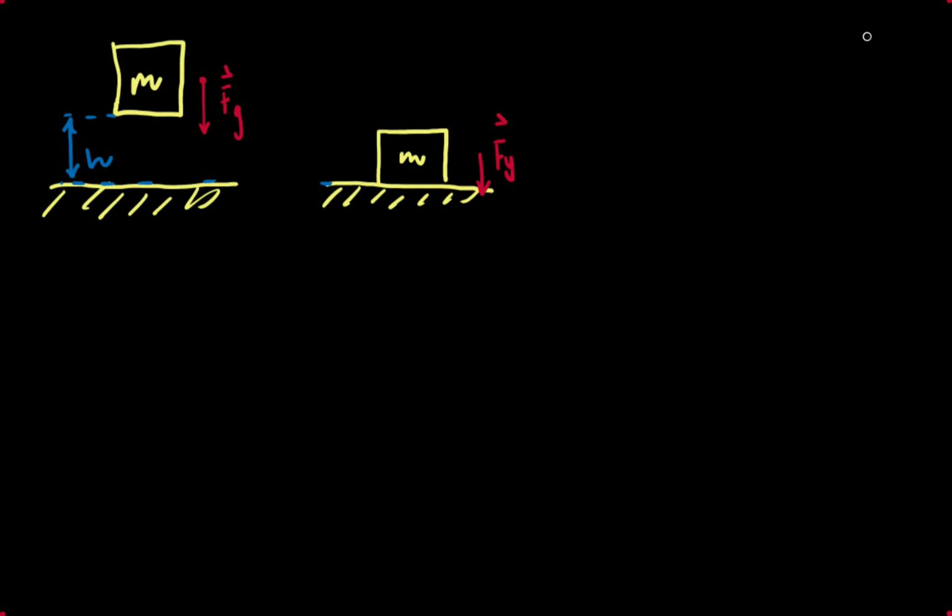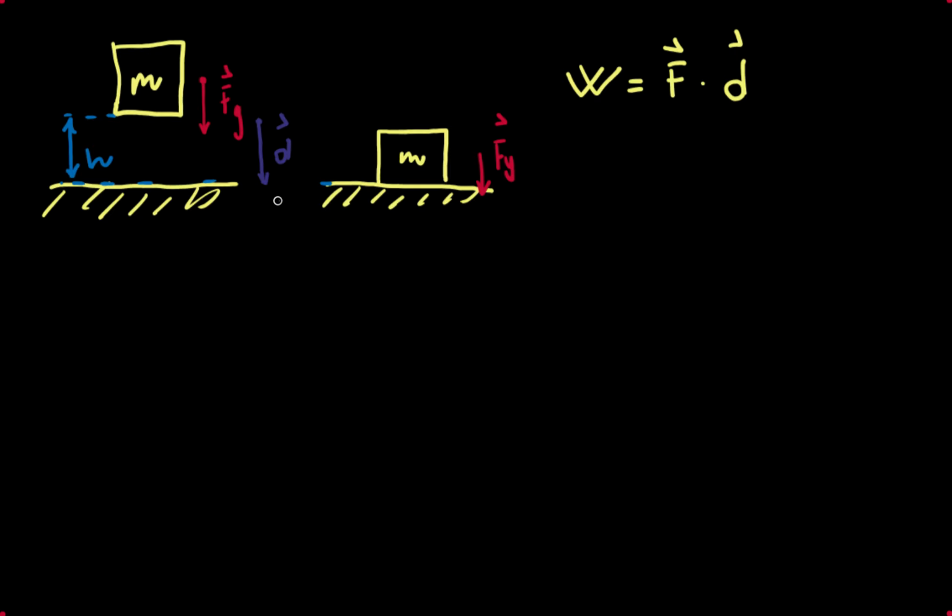If you remember, the work equation equals force times the distance, and you have to multiply this by the cosine of the angle that F and D make. Now D is just a vector that points down like this.